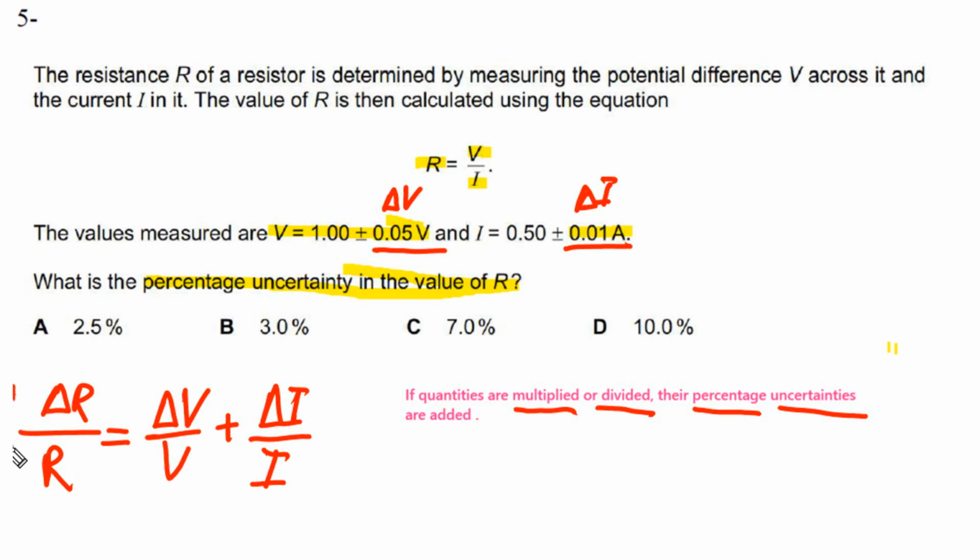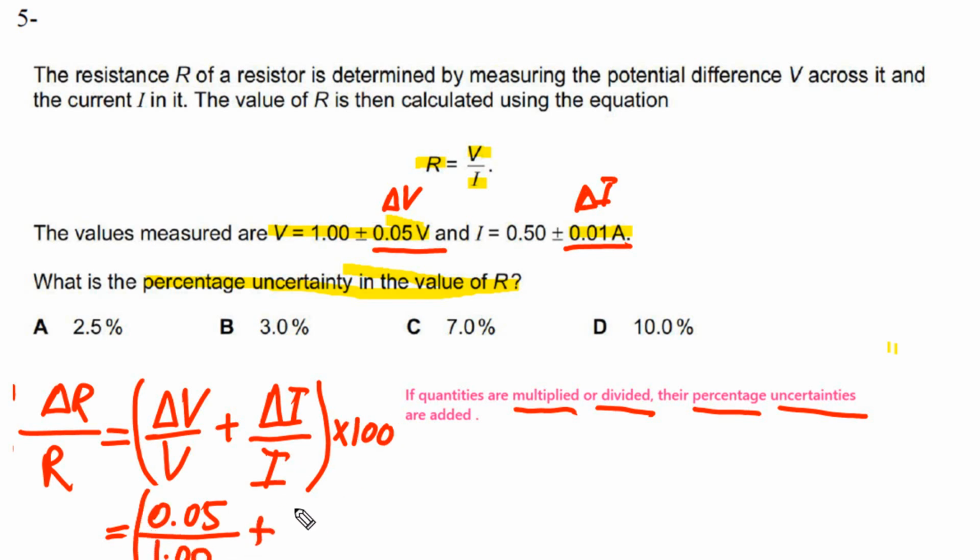So delta V is 0.05 divided by 1.00, plus delta I by I, that is 0.01 divided by 0.50.